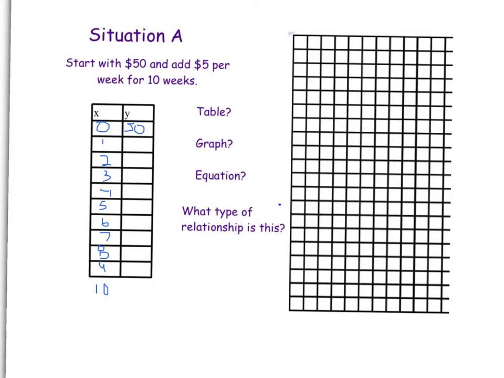And so just take a second to do that. And then I want you to pause the video and see if you can make the graph for it and write the equation. And of course, I've already told you the type of relationship is linear. So pause, see if you can finish the table, make the graph, and write the equation.